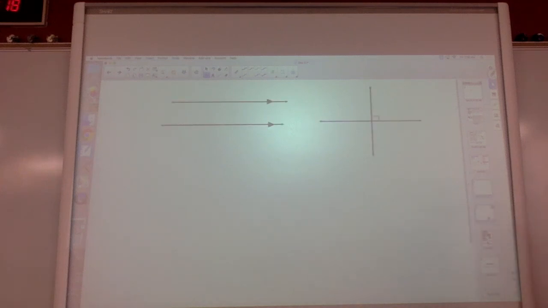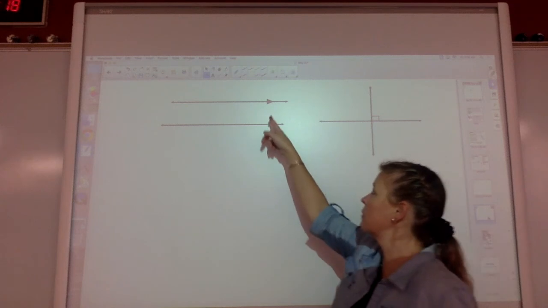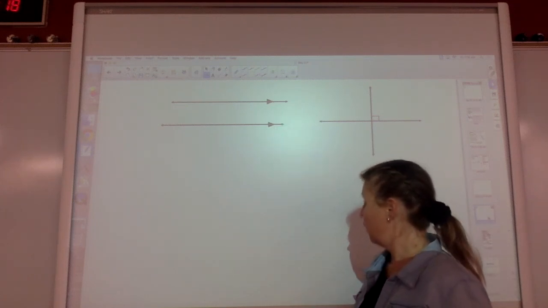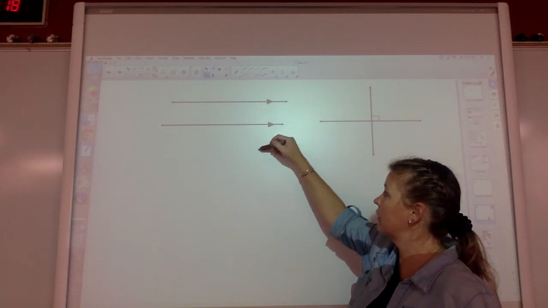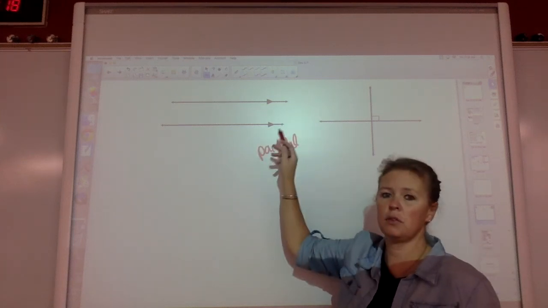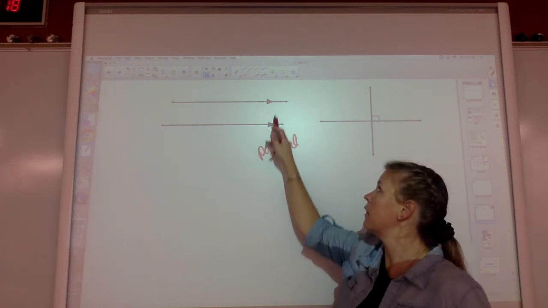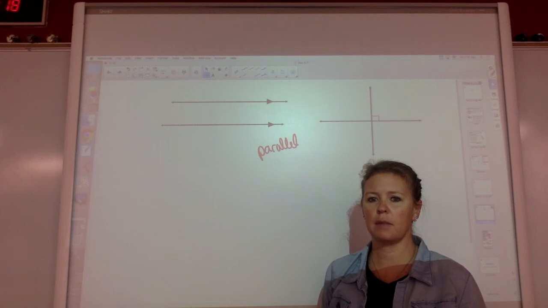One last thing I want to point out before you start your assignment, these little markings right here. When they put these triangles on a pair of lines, that means parallel. They don't have to tell you in English or in the directions that they're parallel. They can put a pair of little triangles on the lines to make parallel.